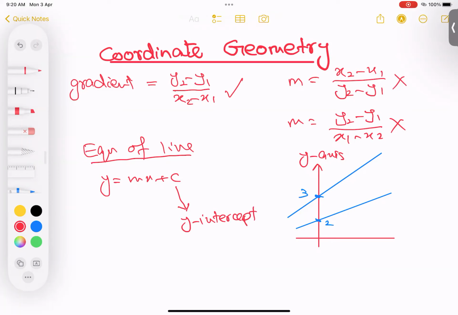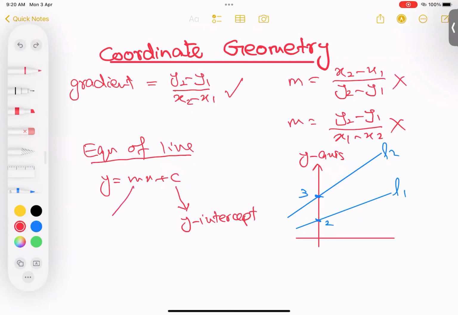For example, line 1, L1, intersects the y-axis at 2, so the c value for line 1 is 2. Line 2 intersects the y-axis at 3, so its c value is 3.